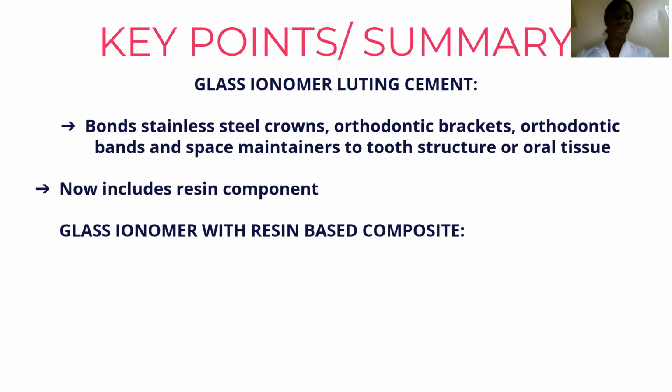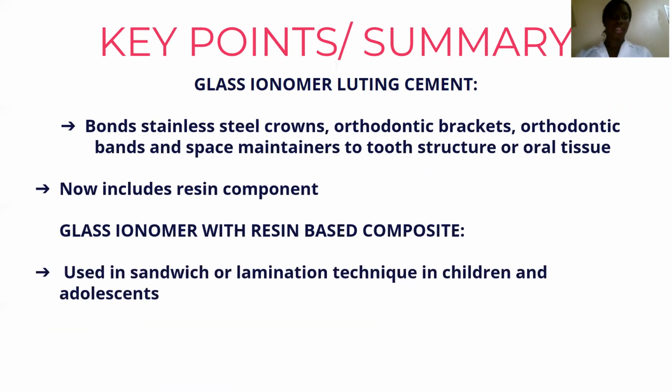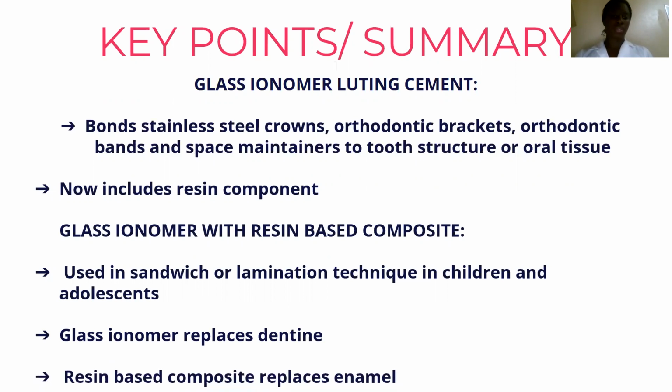Glass ionomer is also combined with resin-based composites, and this material is used in a sandwich or lamination technique in children and adolescents. So in this technique, glass ionomer replaces the dentine and resin-based composite replaces the enamel.